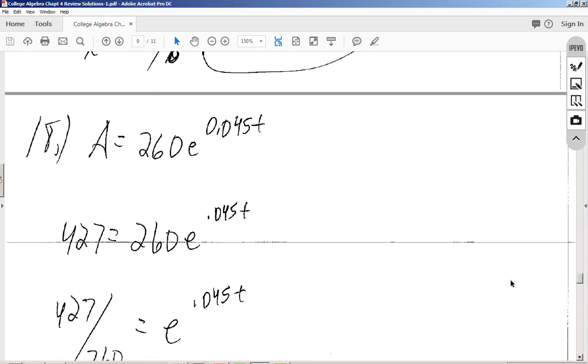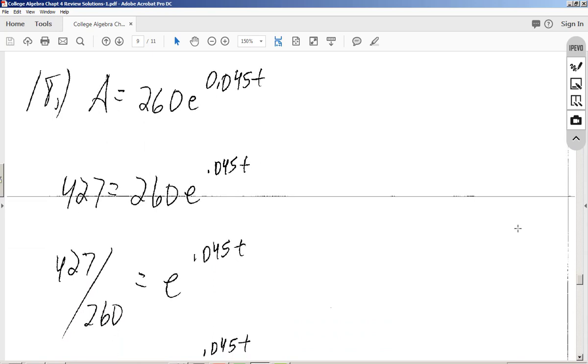On my next problem, number 18, the problem says the formula A equals 260 e to the 0.045t models the population of a particular city in thousands, t years after 1998. When will the population of the city reach 427,000?